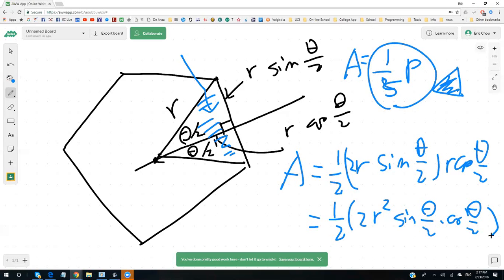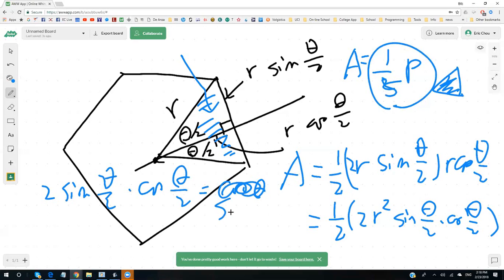And 2 sine half theta times cosine half theta equals sine theta. So the area is half r squared sine theta.